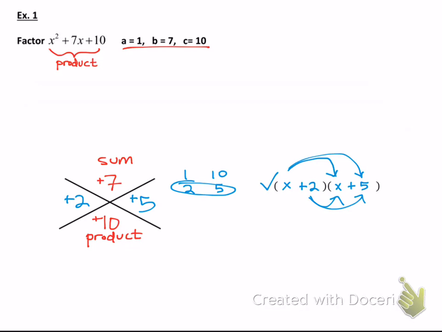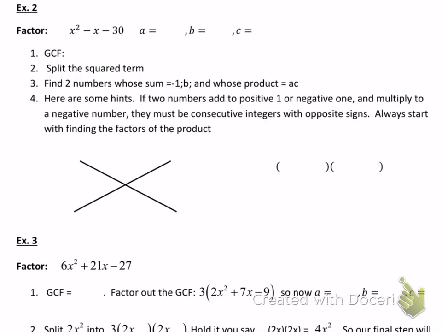I don't know how many of you I got, but let's actually try a different example. Example 2 on the next page, I have x squared minus x minus 30. So this is my product. This is the answer to something, okay? So A is equal to 1 here, B is equal to negative 1, and C is equal to negative 30.